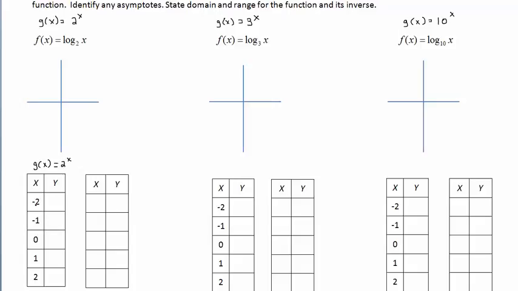Let's generate these y values based on our previous work. When x is -2, 2 to the -2 we saw was 1/4. When x is -1, 2 to the -1 becomes 1/2. 2 to the 0, anything to the 0 is 1. 2 to the first power is 2, and 2 squared would be 4.